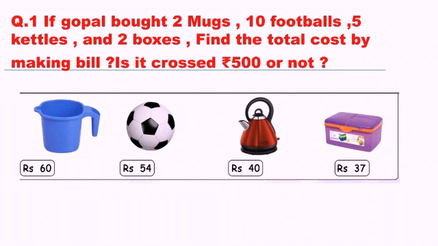Here the item costs are given: one mug costs rupees 60, one football costs rupees 54, one kettle costs 40 rupees and one box costs 37 rupees. These are the rates of the items, the cost per item. Okay, so now let's solve.